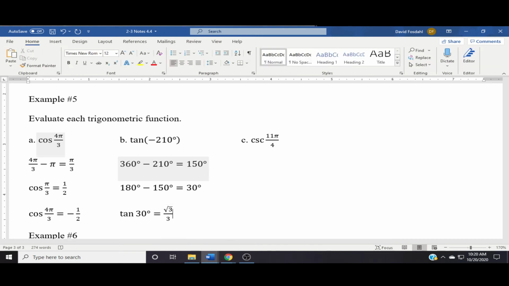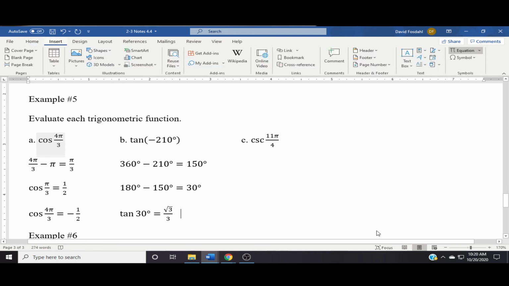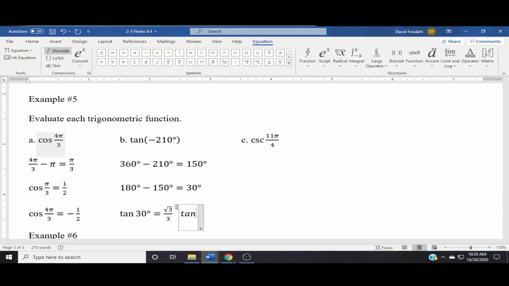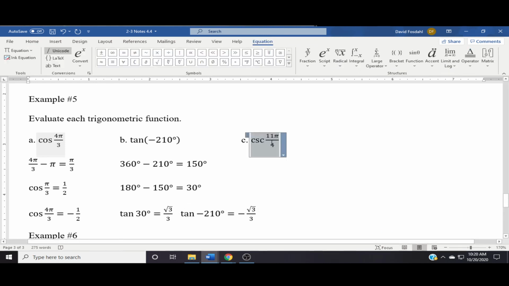But because it's in quadrant 2, tangent's going to be negative. So this is going to be tangent of negative 210 is going to equal negative root 3 over 3. Okay.